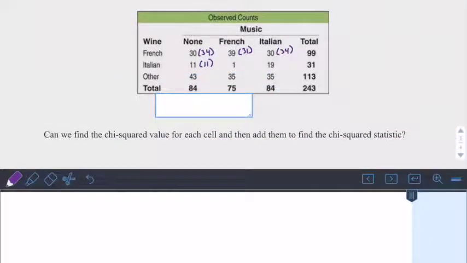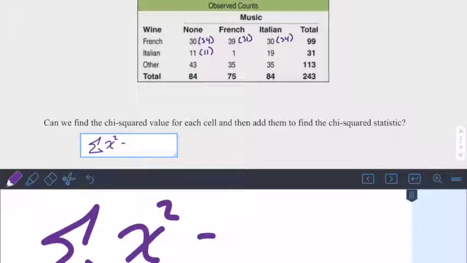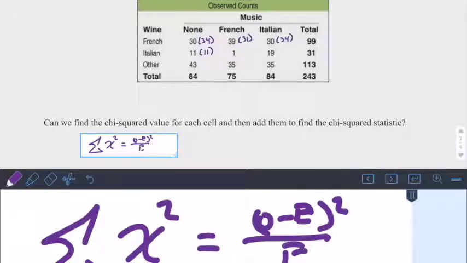We could find the chi-squared value for each cell and add them up, right? If we did the sum of our chi-squareds, remember it's our observed minus expected squared over expected.